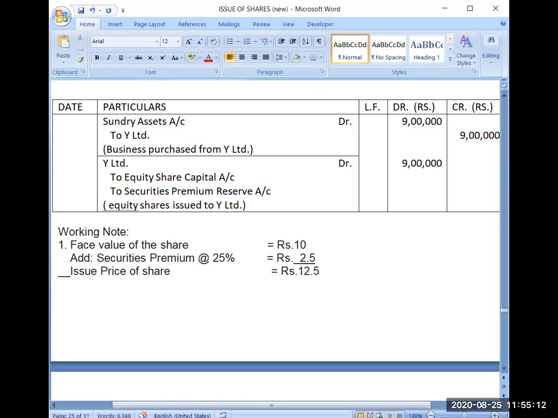So now first be clear about the issue price. Yes, issue price is clear to each and everyone. Yes, you have calculated it on your own also. Very good. Now this is the first working note.